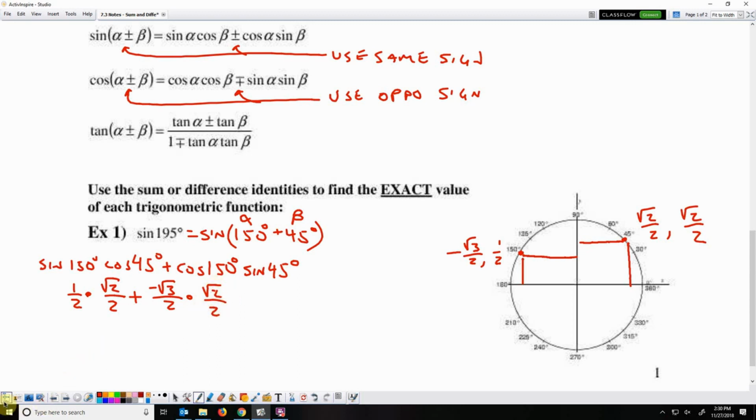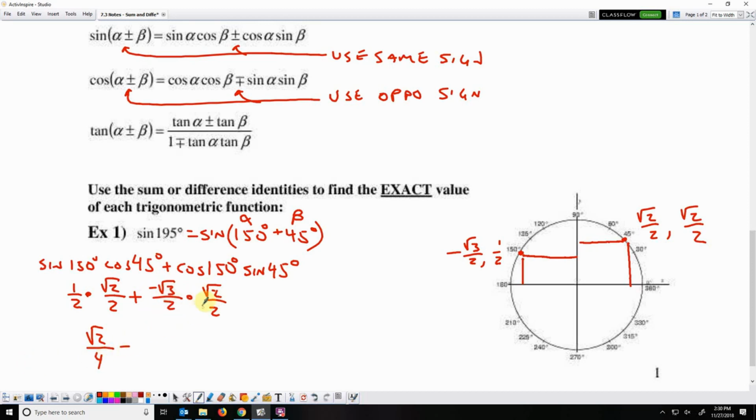Okay, so now we can simplify this. 1/2 times root 2 over 2 is root 2 over 4. Then we have plus, but when we multiply, it's negative times a positive, which is going to become a negative.